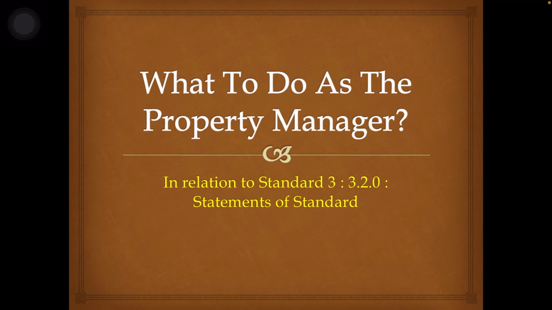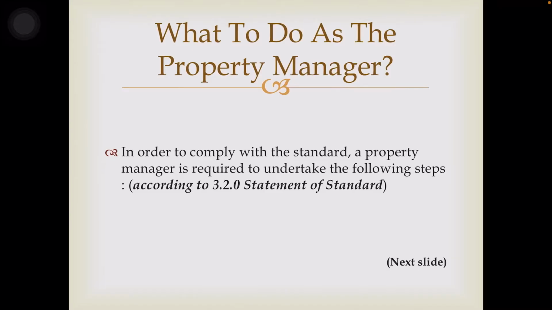Now, the second part, what to do as the property manager. This is a simplified version for me to explain to you in relation to Standard 3.2.0 Statements of Standard. In order to comply with the standard, a property manager is required to undertake the following steps based on 3.2.0.